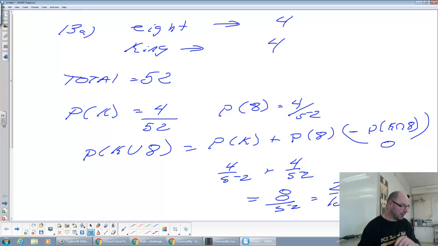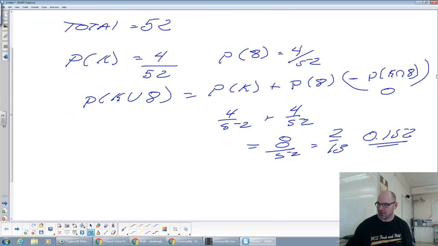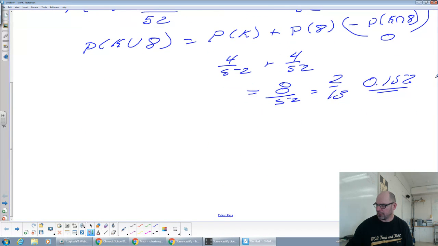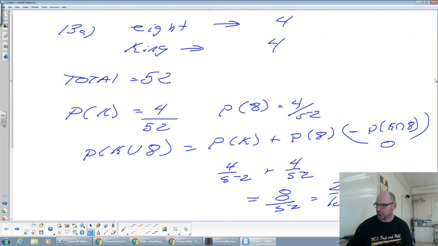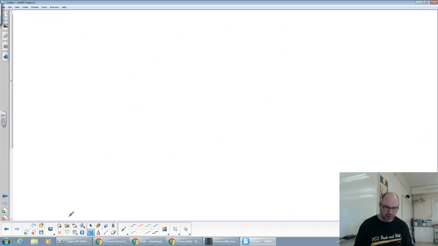The other one's tricky because it says you're getting a red card or a face card. So you can have cards that are both. Okay, so let's do that one. This time I'll just draw it as a Venn diagram to help you out, rather than use the formula.